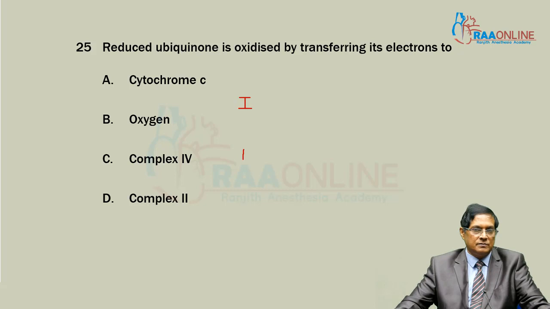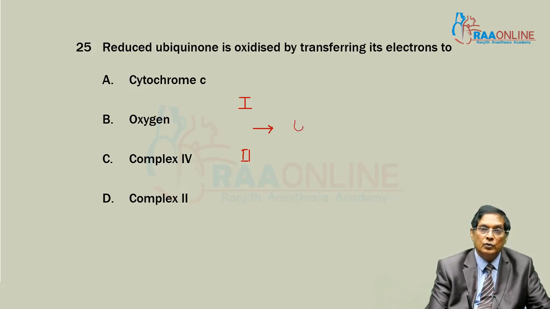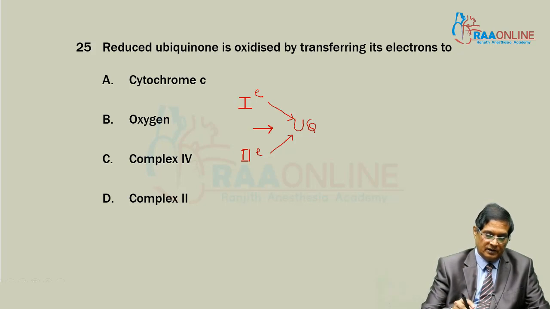This is complex number 1 and this is complex number 2. In between them, UQ is active. If electrons are at complex number 1, they are taken up by the UQ. If electrons are on complex number 2, they are again accepted by UQ.